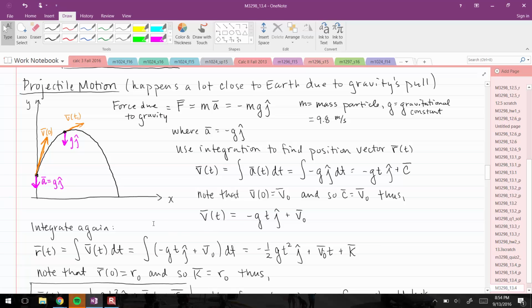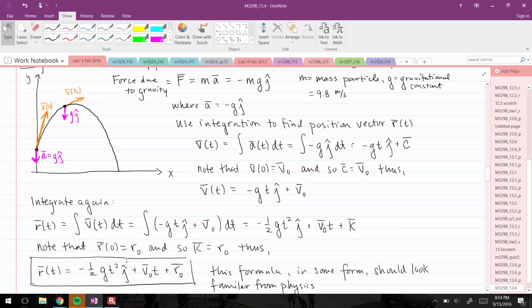So if we want to find the position function, we move on. We take the integral of our velocity vector. Doing that, we get negative 1/2 g t squared in the j, and then we have our v naught integrated, and so it's going to be times t plus another constant k.